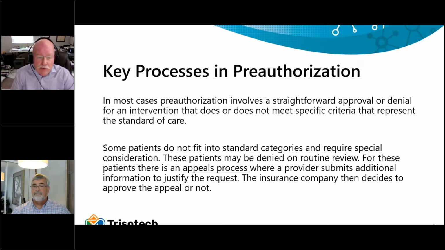The former is amenable to very clear processes and to automation. The second is more difficult to deal with, and that's going to be the topic of our next webinar: how do you deal with the appeals process and the uncertainties that go into that scenario. If you go to the next slide, please.